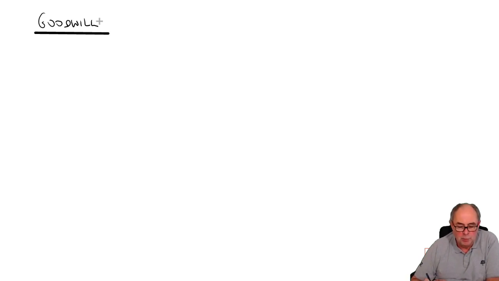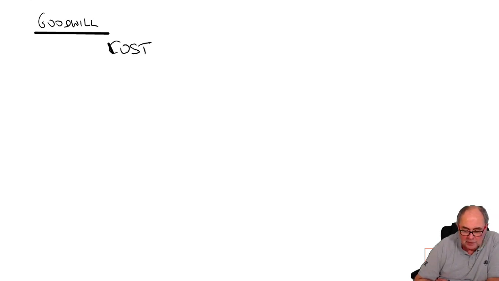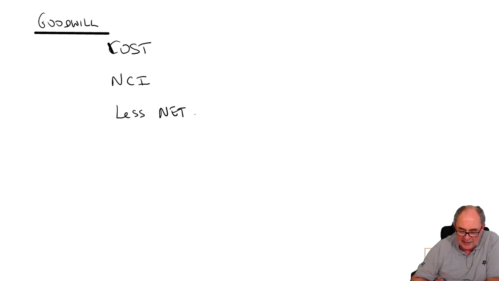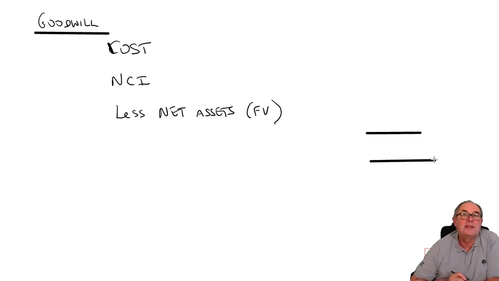But we know that goodwill, if you go back to the pro forma that we saw earlier in the course notes, is where you compare the cost or consideration plus the NCI, less the net assets. The net assets must be measured at fair value. So they're the numbers that we're looking for as we start to hoover our way around the question.